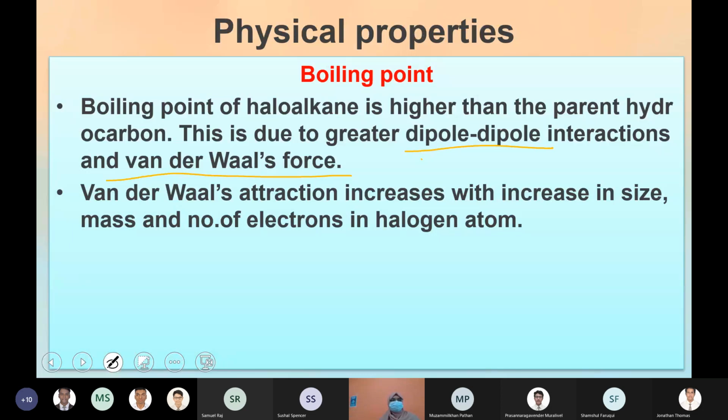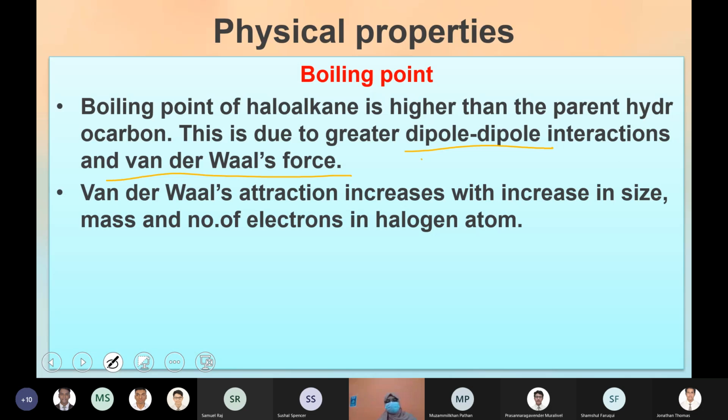So dipole-dipole attraction is much stronger than van der Waals. Van der Waals means there is nothing, it's just momentary. We know that when electrons are moving, in a fraction of a second induced polarity is created, which will induce polarity on the next molecule. That is very momentary, very weak among all the intermolecular forces of attraction.